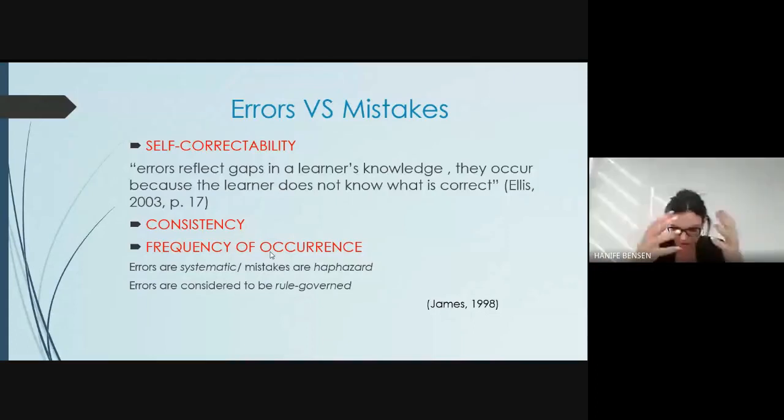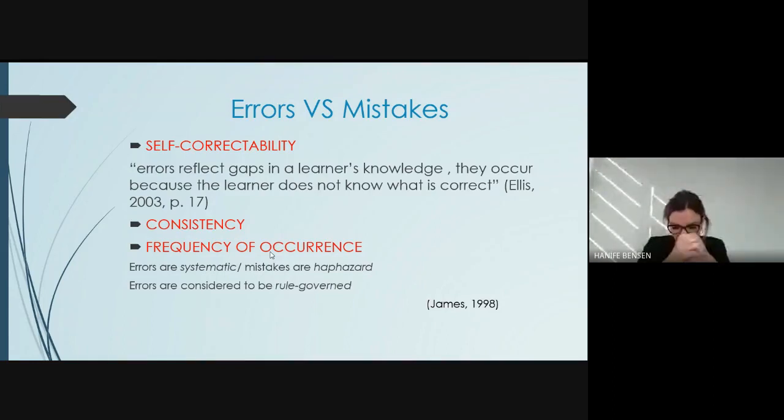The second criterion is consistency. So, for example, if learners consistently use a deviant form for a correct target language form, an error has occurred. But if the deviant forms are random, then we call them mistakes. Now, a third criterion that I have found was the frequency of occurrence.